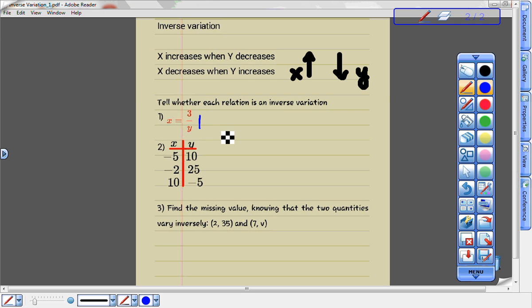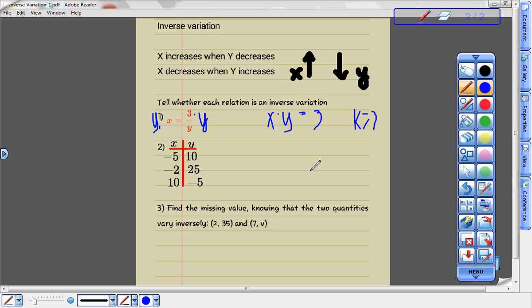What will happen here, we will have x multiplied with y equals positive 3. And this is an inverse variation. The constant of the inverse variation is 3. The product of x and y equals 3.